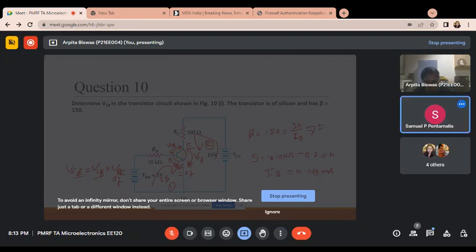IC equal to 150 into 0.43 milliamps. Just multiply this 150 into 0.43 milliamps or 430 micro. 64.5 milliamps.